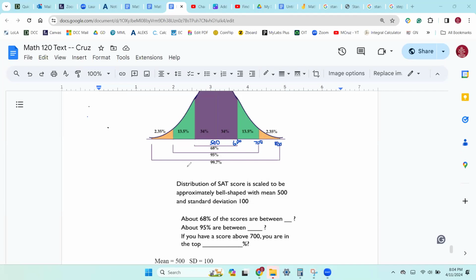It adds 100 to our 500. Now remember on the left side how they were negative. So that's 400, 300, and 200.